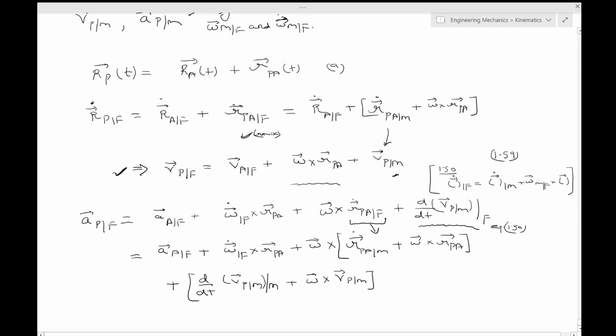So we wanted to write the time derivative of the velocity of p with respect to m frame in the ground frame, and that is equal to the same in terms of m plus omega cross r_pa. So this is what equation 1.50 is, and we have just used that. Please pause the video, go back and check that derivation, and then come back over here.